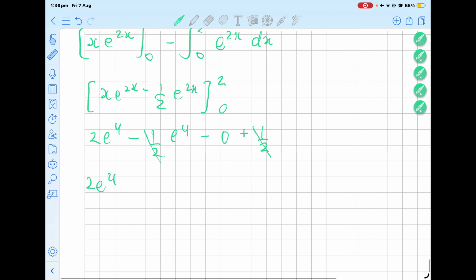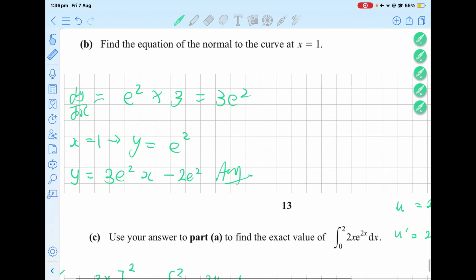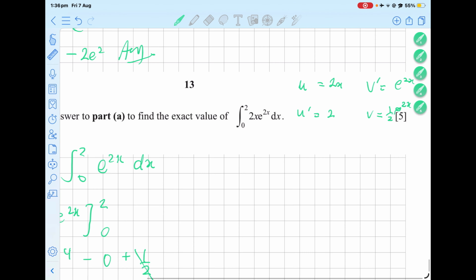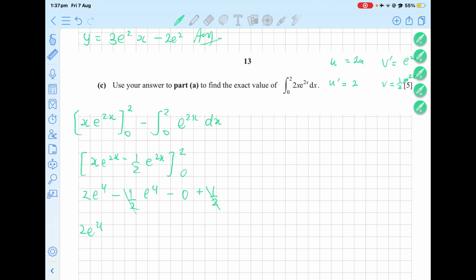And again, to check, just type in 2e to the 4, take the decimal value and store that into your calculator, then put the integral into your calculator, and then the value that you obtain, you can subtract from the other value. So it says that this is not the answer, so we need to find what went wrong.